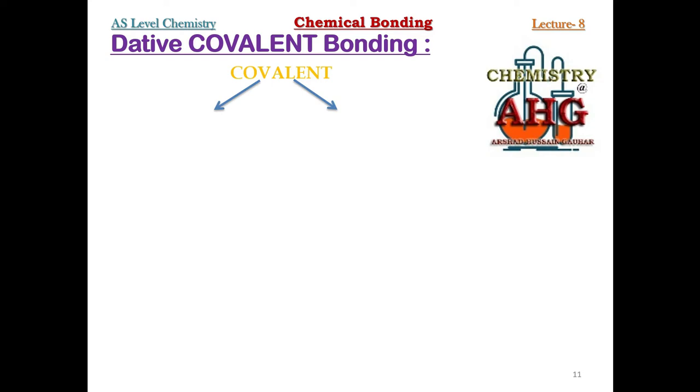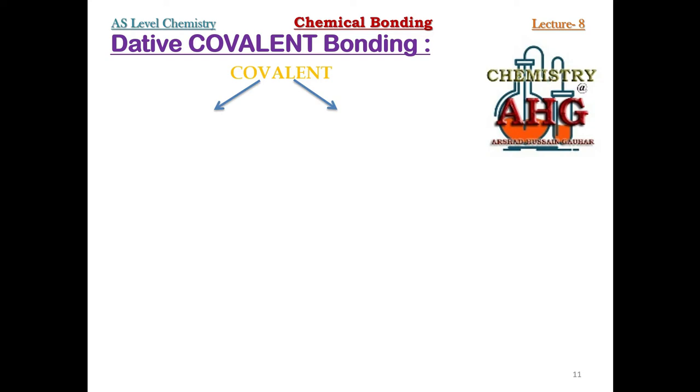Covalent bond is a bond in which mutual sharing of electrons takes place. Mutual sharing means two atoms overlap their shells. Overlap of shells is known as mutual sharing, and this overlap of shells gives covalent bond formation.